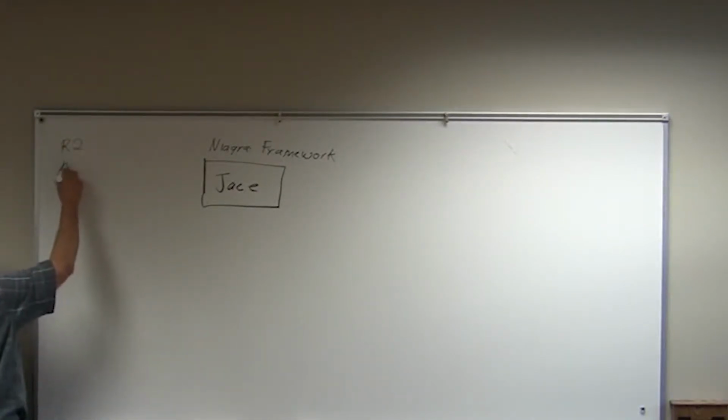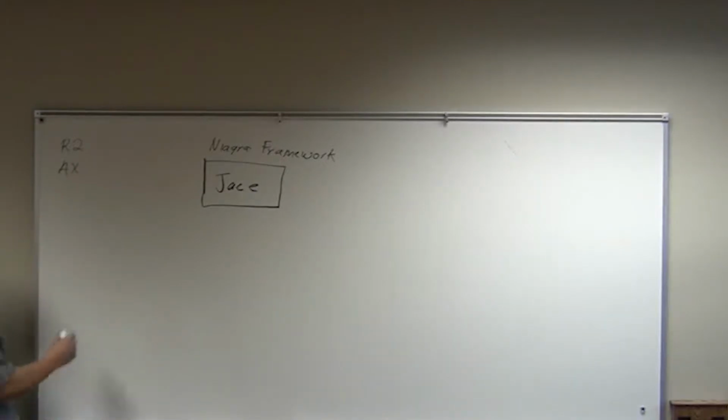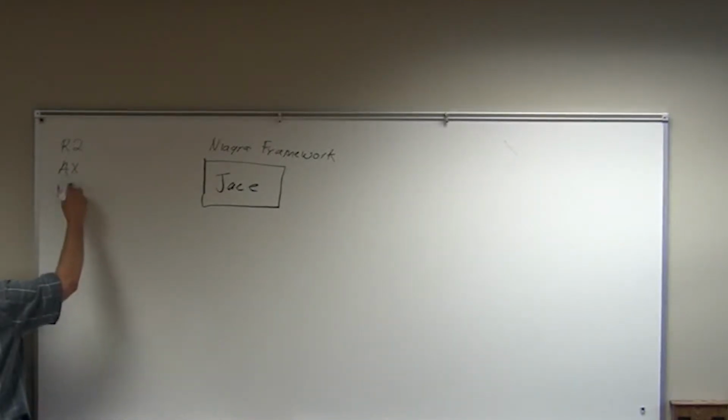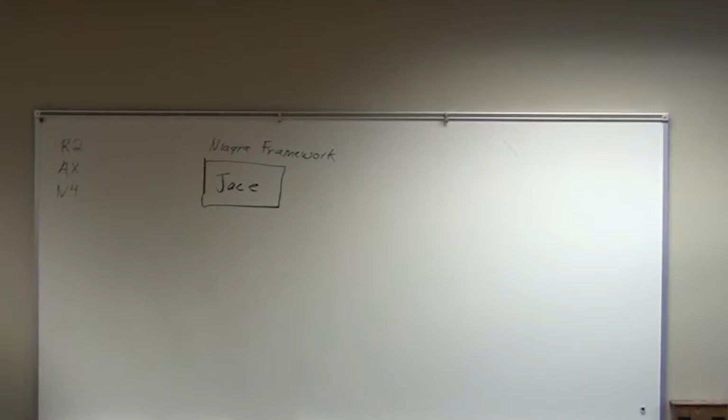And then we came out with a version called AX. And the current version right now is called N4. Okay? So R2 to AX was a complete rebuild. They built R2, figured it out, and then they decided, oh, we've learned a whole bunch of stuff, we want to start over, and then they built AX. And they started over with N4.